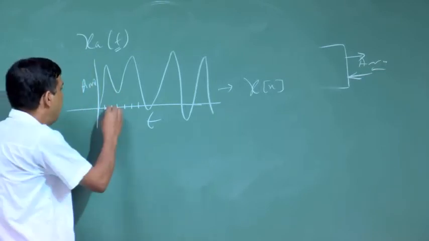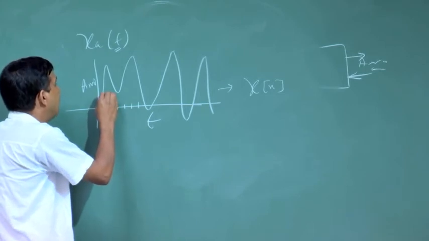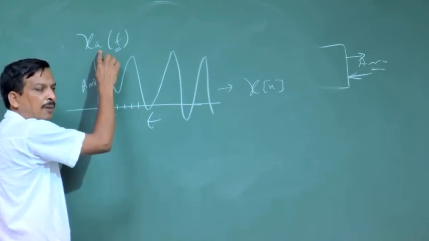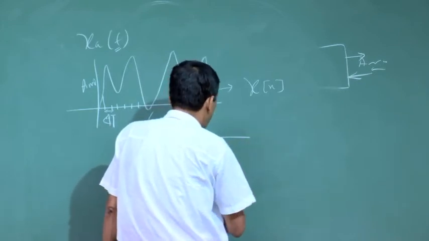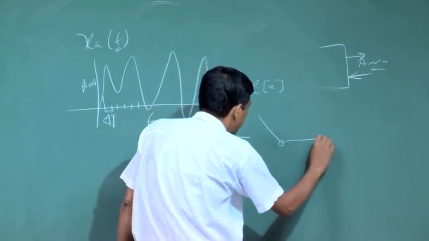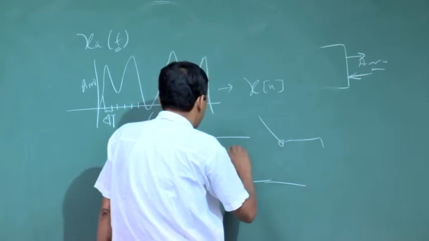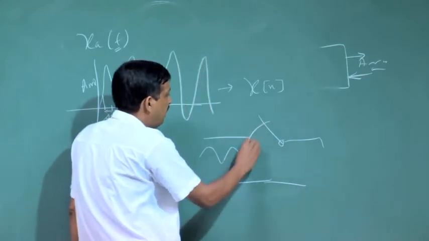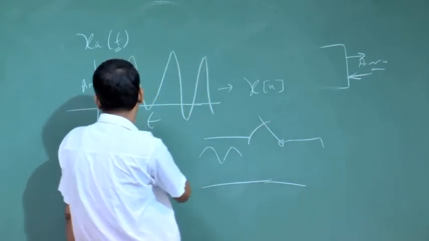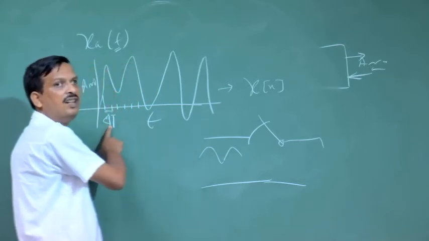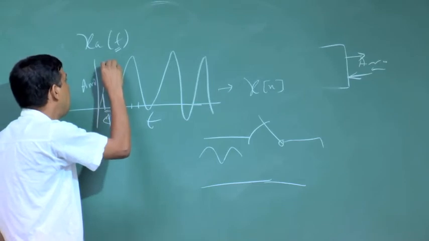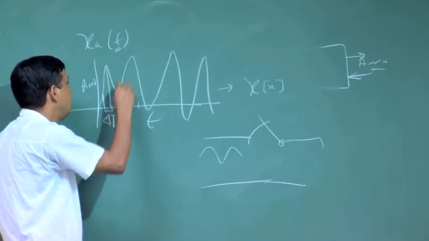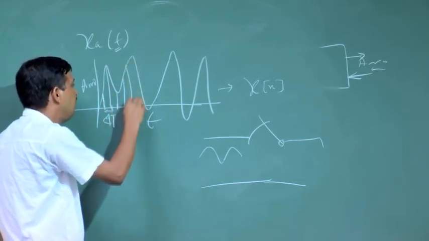I can think of x(t) passing through a switch. I close the switch for a duration of delta t, take the signal here, then again here, here, and here.